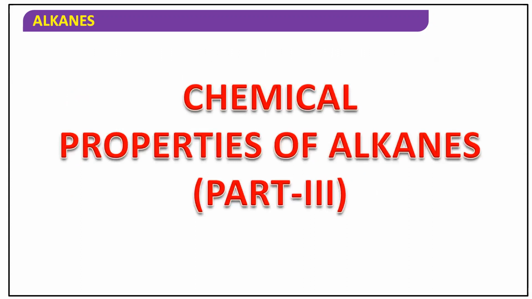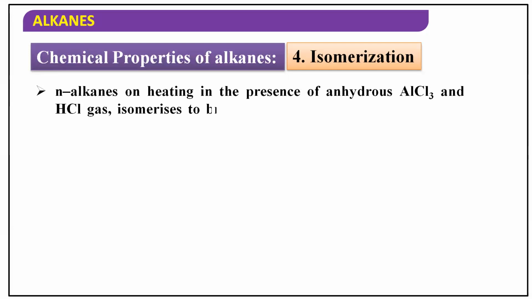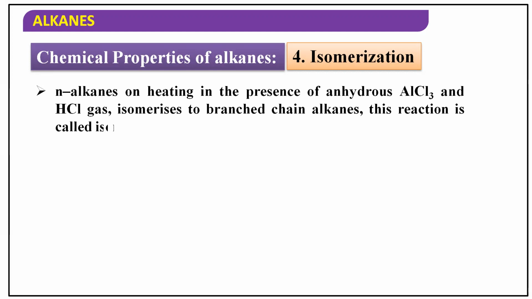Then let's discuss part 3, chemical properties: isomerization. Normal alkanes on heating in presence of anhydrous AlCl3 and HCl gas isomerize to branched alkanes. This reaction is called isomerization.